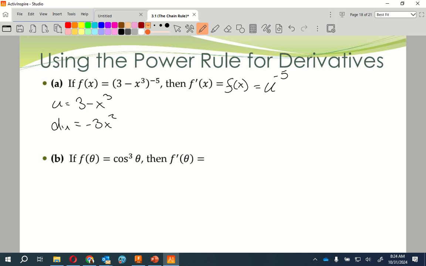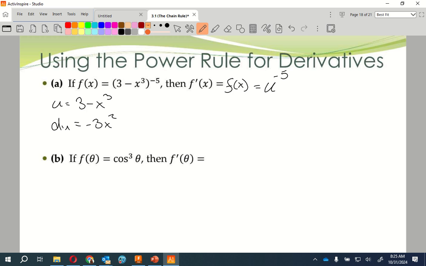Okay. So again, like I said, I'm going to write it as Leibniz so you guys can see what's going to happen, because we're going to start getting into implicit soon. So take the derivative of this, because this says the function f taking the derivative of x, but there is no x because I substituted it, right?